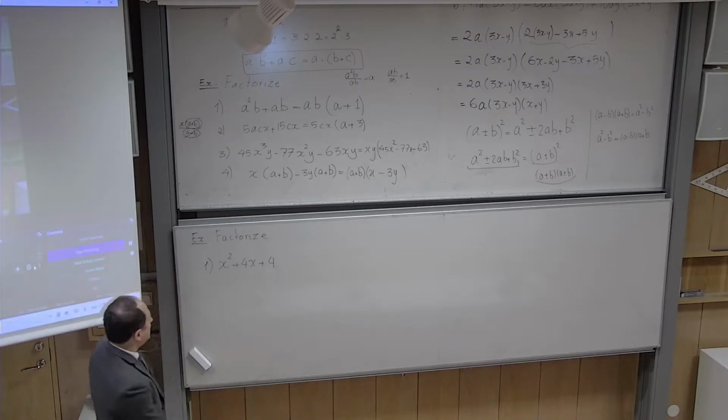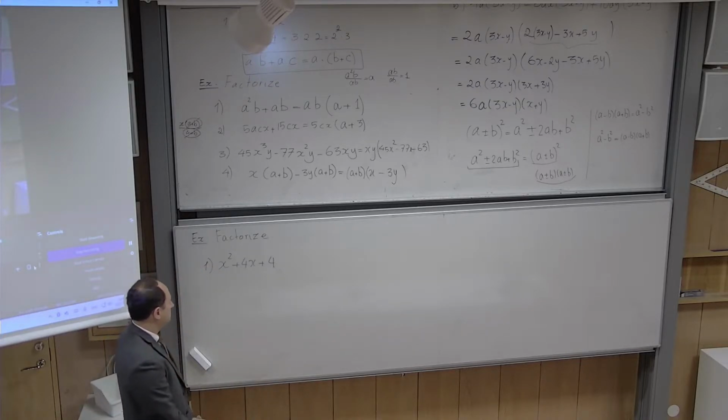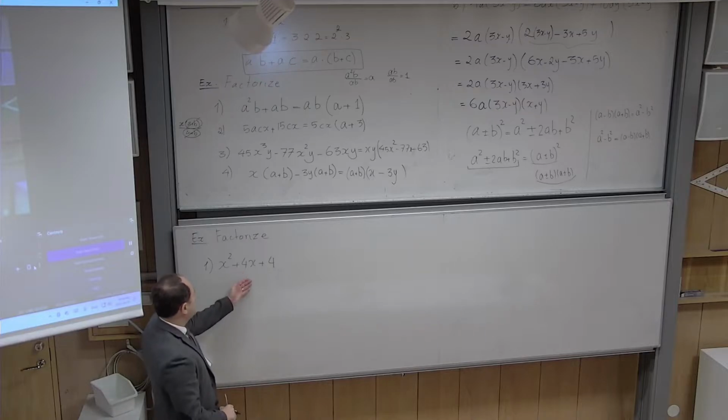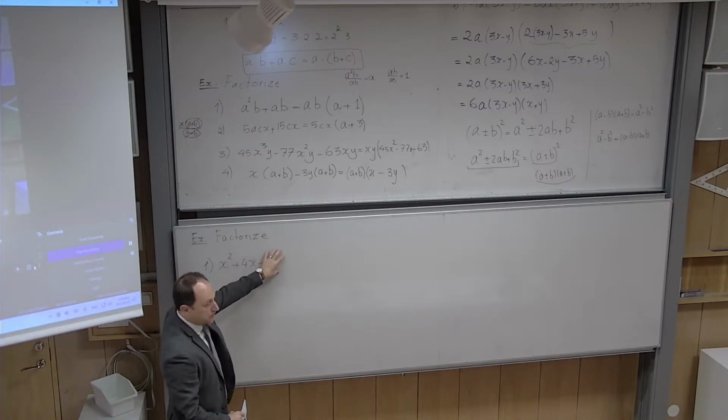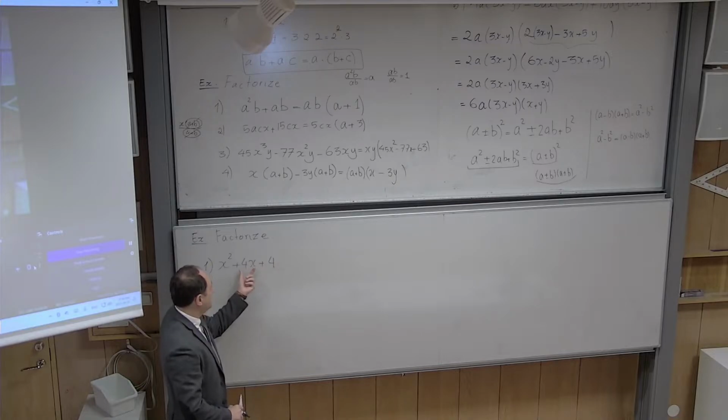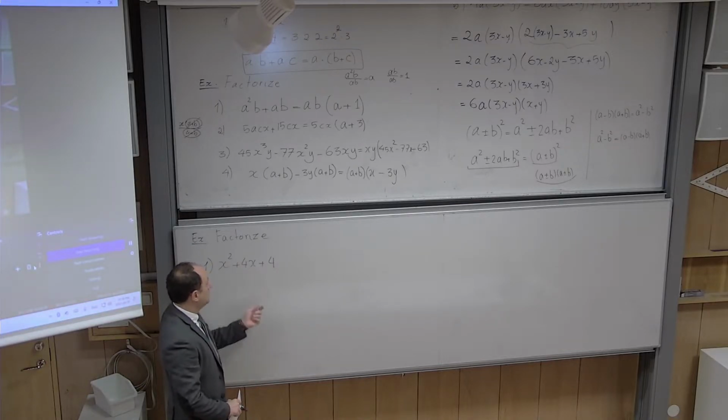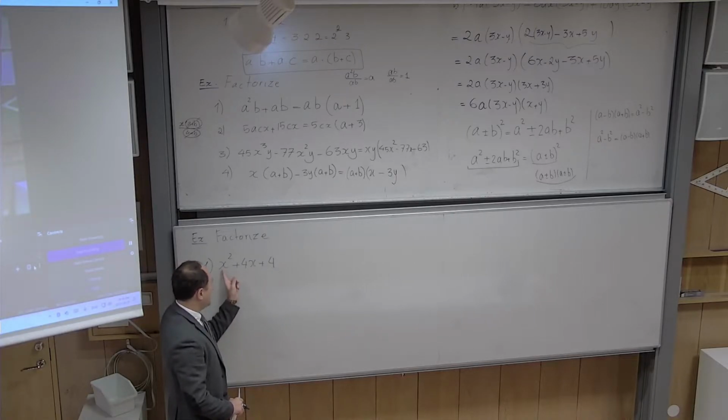Do you think we can factorize this expression? Yes, it's a complete square. How do you understand that this is a complete square? The indications are you have two complete squares, but the important thing is that the middle term should be engineered in a proper way. So what are these numbers? This is x, this is 2.